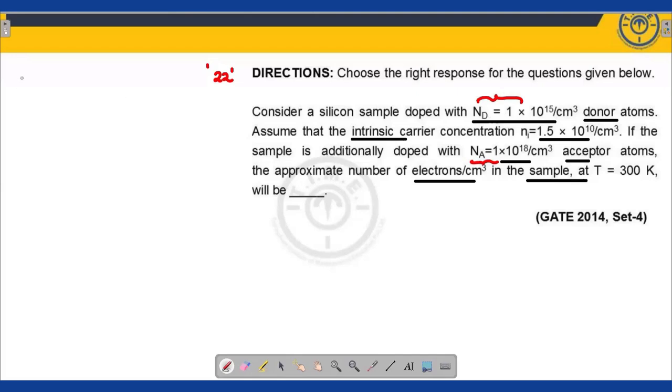The first conclusion is that the semiconductor is doped with both acceptor and donor concentrations.